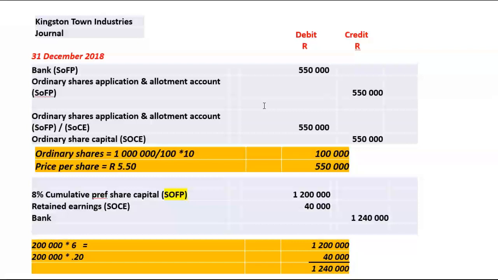So in practice, the company wouldn't have received the whole 550,000 on the last day and then said, okay, this is what I received in one shot, take it to share capital. No, it happened gradually over time. Because it happened gradually, each and every time that I received the money, I bank it, and I have to keep that money in some kind of account. That account is our share application and allotment account.